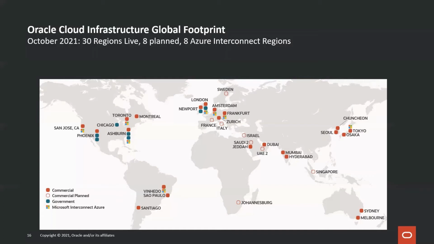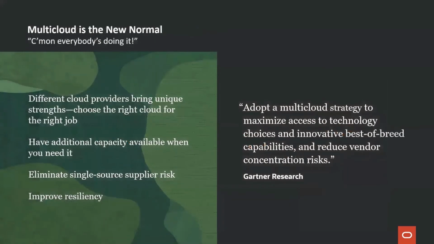And while we believe that you should run your database and application stacks in our second generation cloud, in the spirit of the converged database discussion and letting developers use the languages and tools that they want to use, we've got 8 regions directly connected to Azure data centers, which allow you to keep your optimized data capital in OCI while allowing you to develop and deploy your applications in Azure. The reality is that we know that multi-cloud is the new normal. A majority of enterprises that we talk to today want to have or already have a multi-cloud strategy.